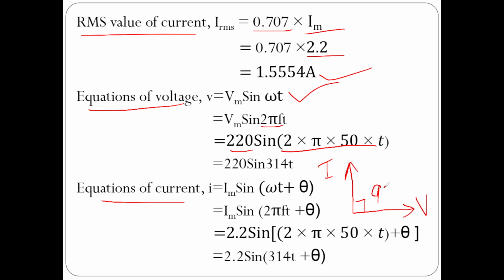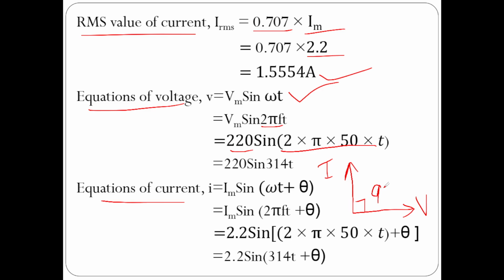So instead of theta, I have written here I equal to Im sin (omega t plus theta). Here the theta value is 90 degrees, so instead of writing theta, I can write 90 degrees.